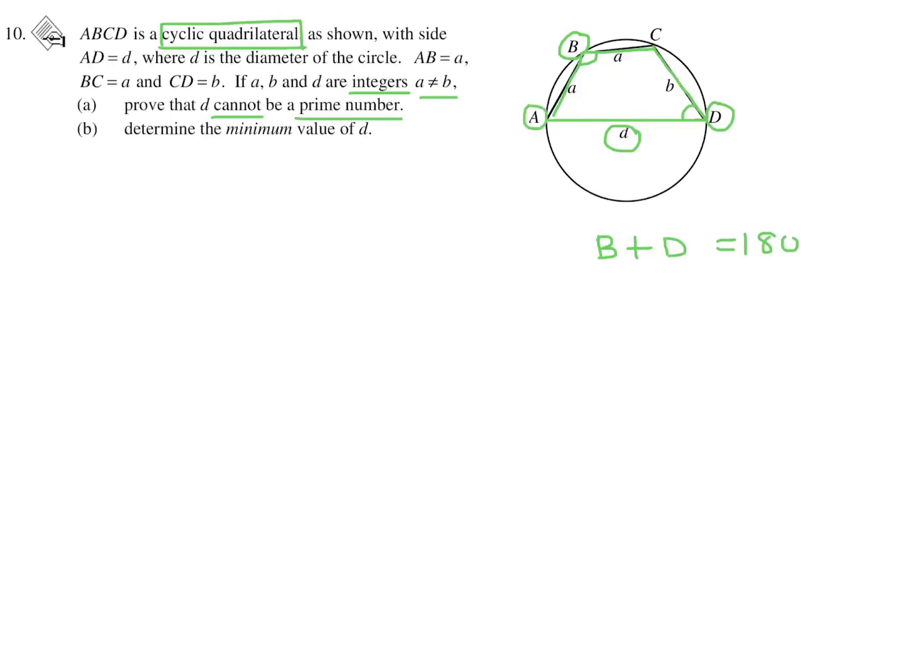And similarly, A and C, those angles, also equal 180. Okay, the angles. So just remember that. That's what cyclic quadrilateral means. And then, of course, if you add them all up, A plus B plus C plus D, all the angles, it will be 360.